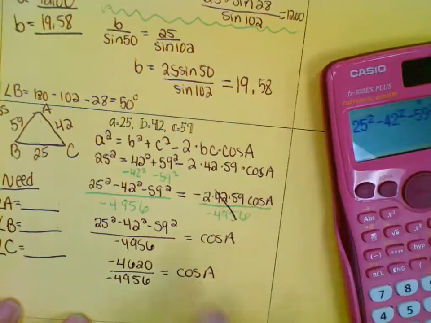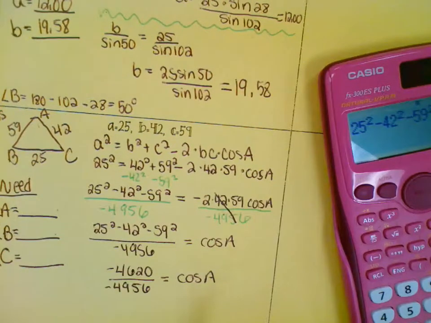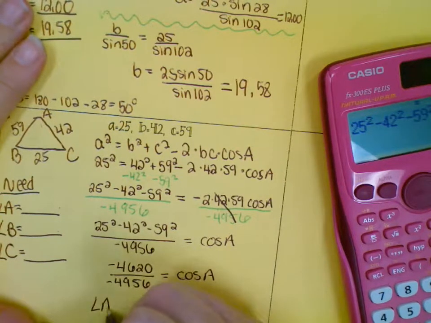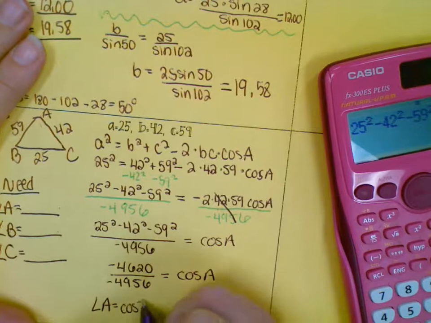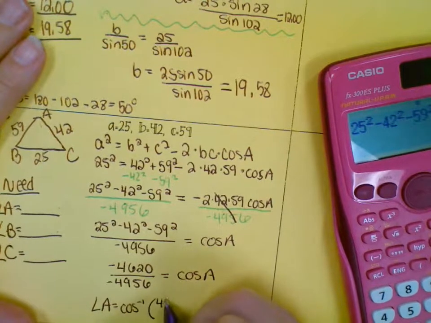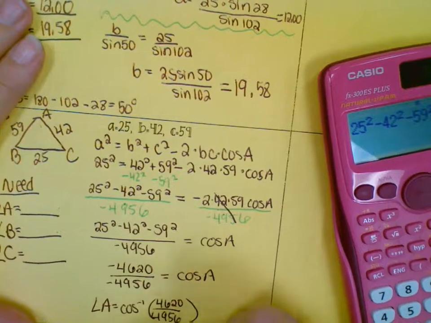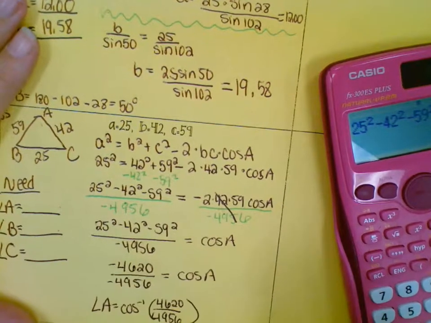Okay. So how do I get angle A? Very good. This was from 5.4. We do the inverse. So angle A is equal to the cosine inverse of 4,620 over 4,956. I didn't write the negatives because two negatives make a positive.